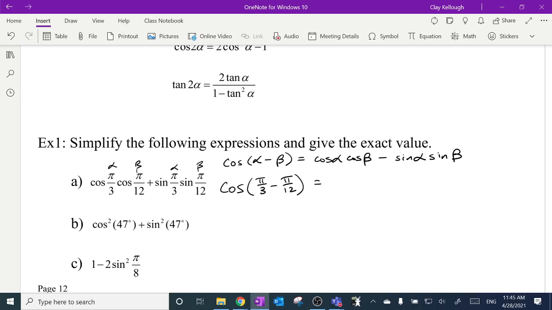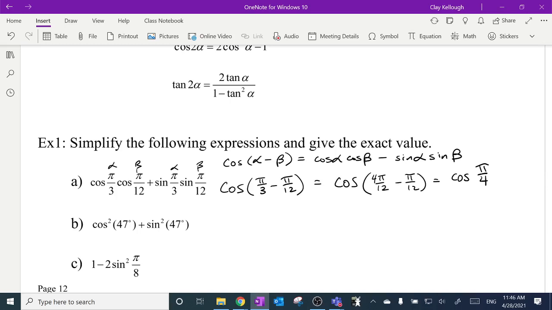Would it help if you changed it to a common denominator? 1/3 is 4/12 minus 1/12, which is 3/12. Are you okay with me shortcutting this? What's 3/12 simplified? A quarter?